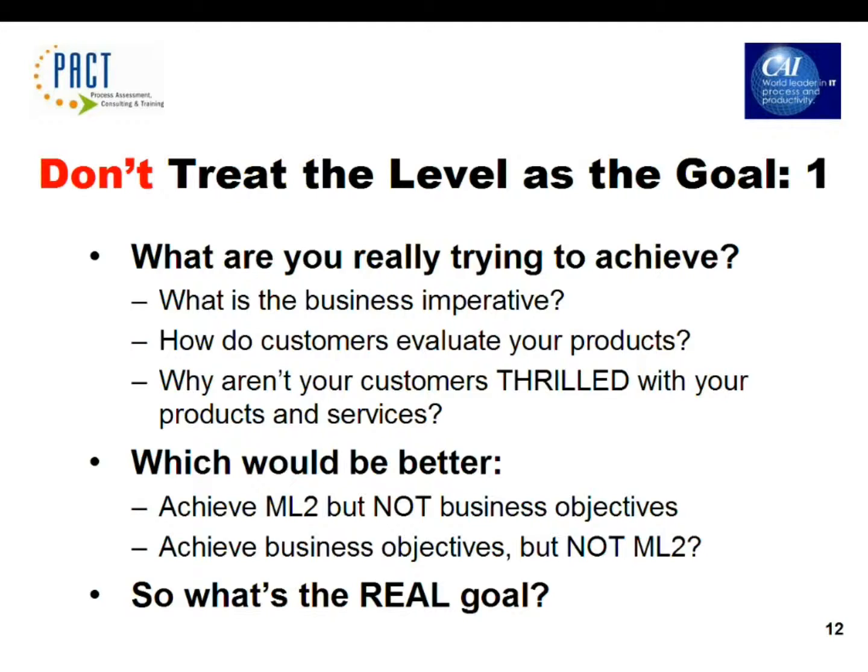So senior management should be focused on the business strategy and allow organizational groups like a software engineering process group to serve as the tactical unit to implement CMMI or some other process improvement approach to help them achieve the business strategy. Unfortunately, too often, the tactic, the CMMI and the achievement of maturity levels, gets confused with the strategy.